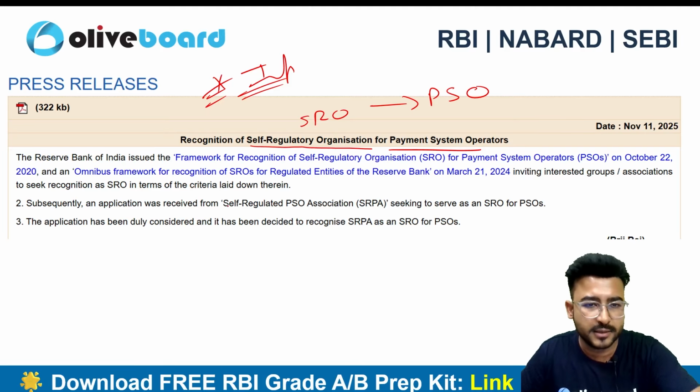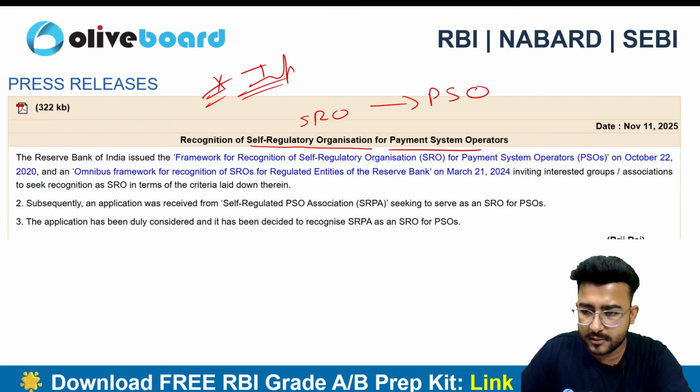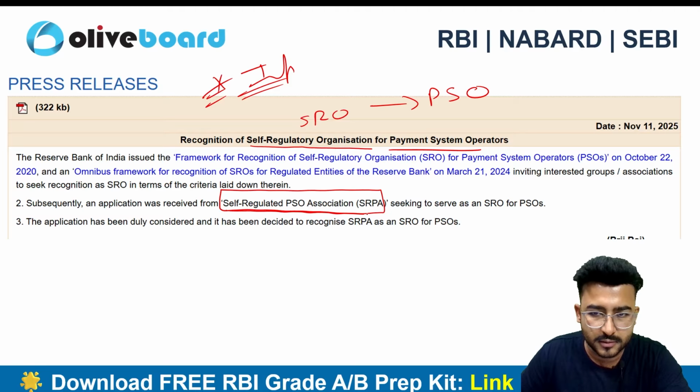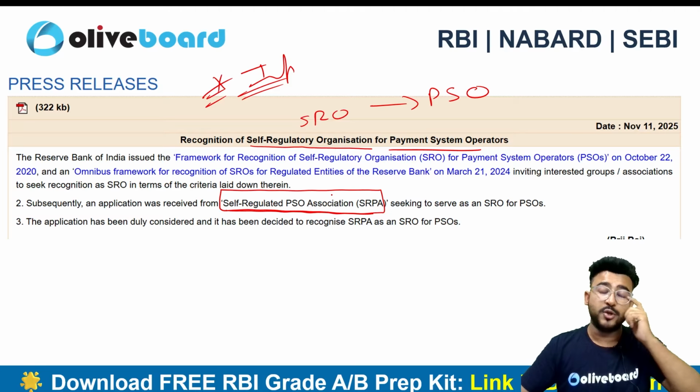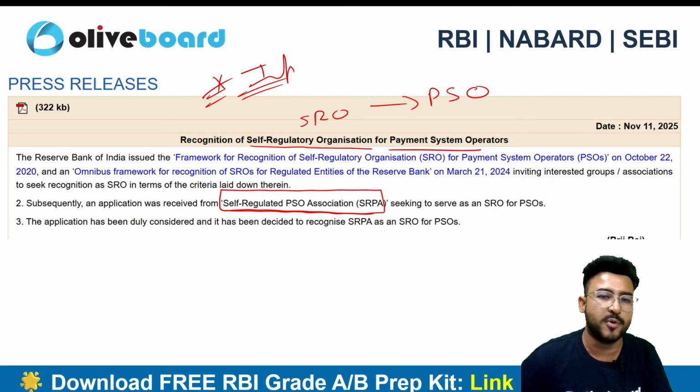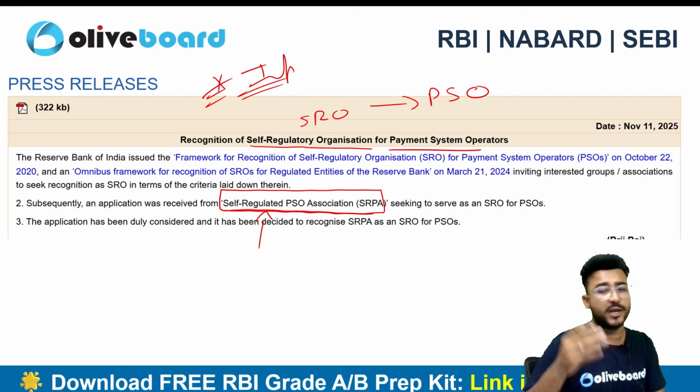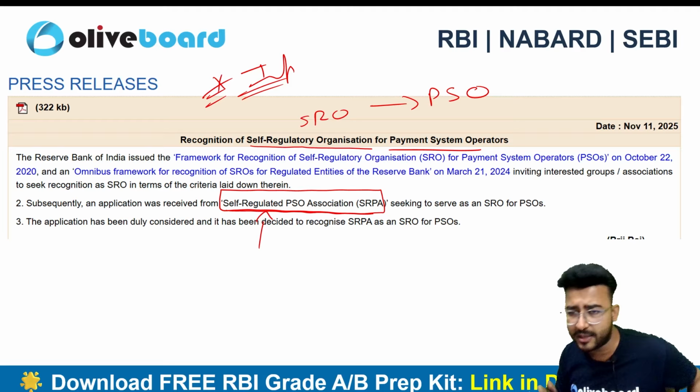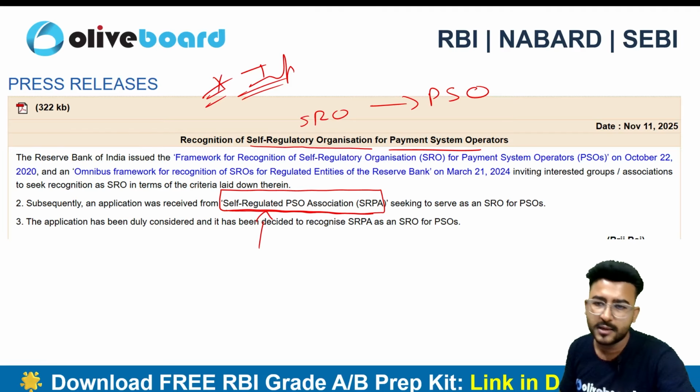We can see here that SRPA, Self-Regulated PSO Association, will be the new SRO for PSOs, right? It will be the new self-regulatory organization for the payment system operators. The name of the entity is SRPA, Self-Regulated PSO Association, right? Very, very important for your RBI Grade B examination, December month 2025.